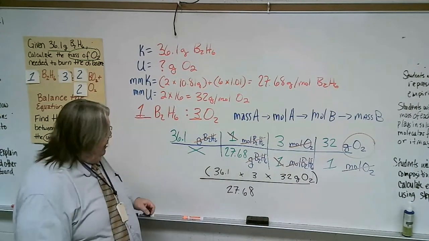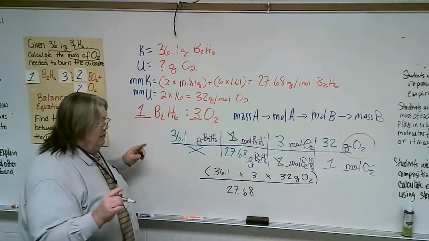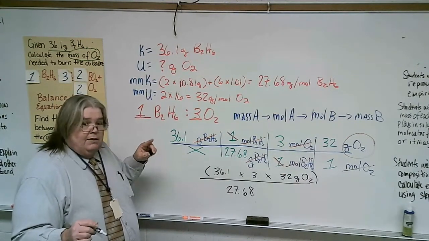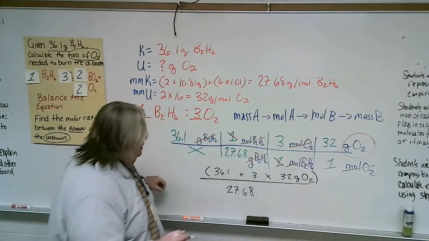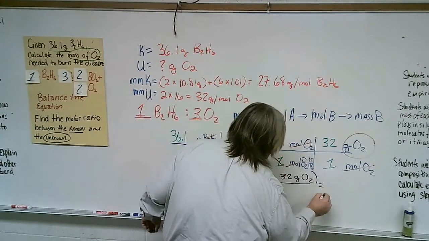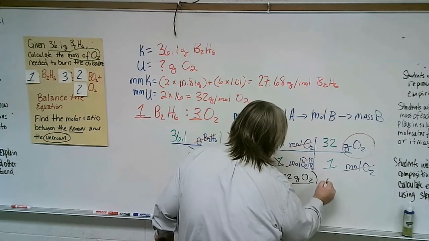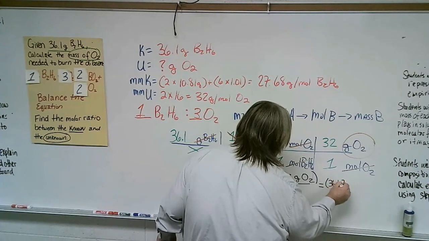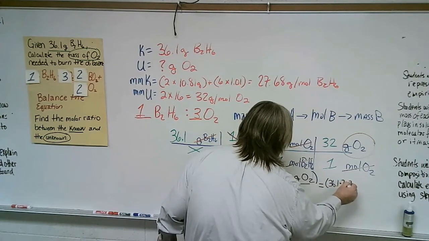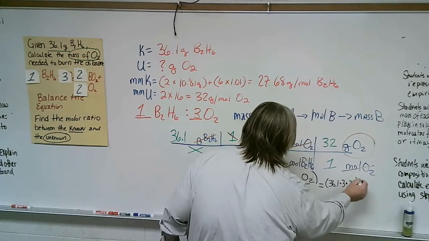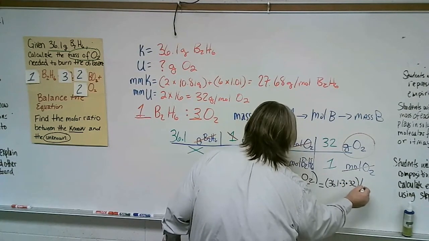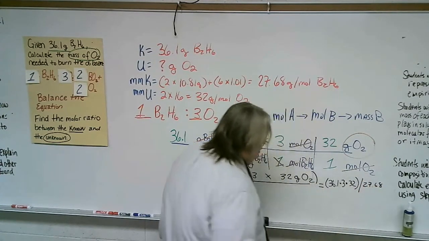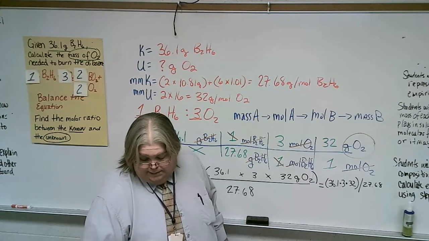When we put this in the calculator, if we're going to do it in 1 step, you have to have the parentheses before you hit the divide sign. So in the calculator, it'll look like this: 36.1 times 3 times 32, close parentheses, divide 27.68.